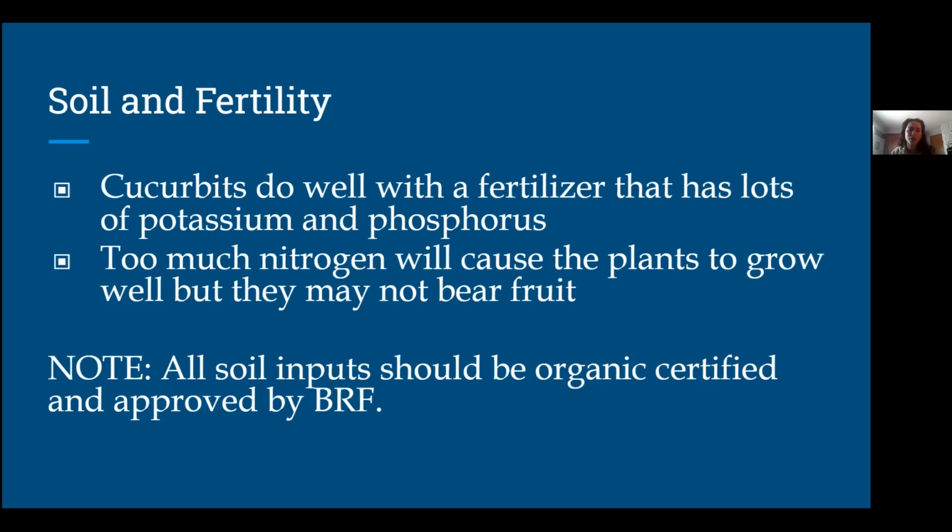I also wanted to note that all the soil inputs you're thinking about having on your plot should be organic certified and approved by Big River Farm. So you will be reporting to us about what kind of soil inputs, compost, and fertilizers you're thinking about having.